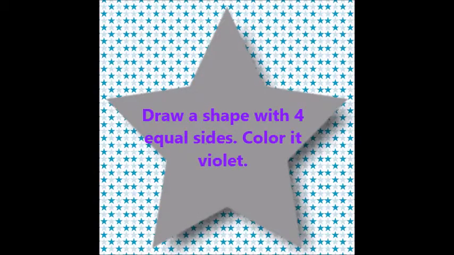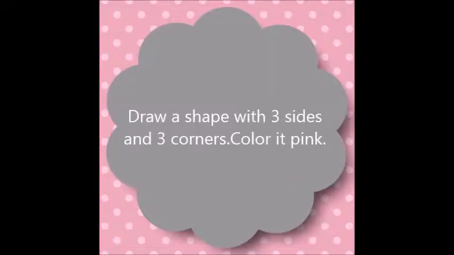Now let's draw a shape with 4 equal sides and color it violet. Draw a shape with 3 sides and 3 corners and color it pink. Now ask your mom or your dad to check your work.